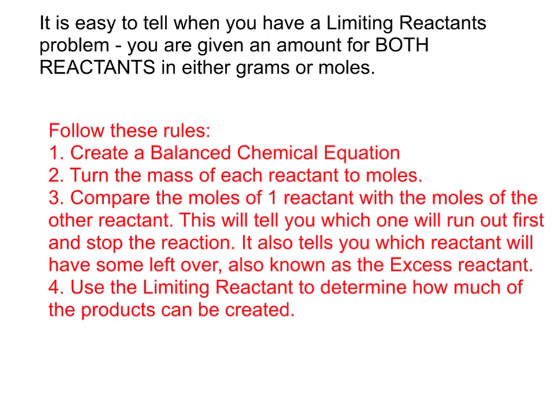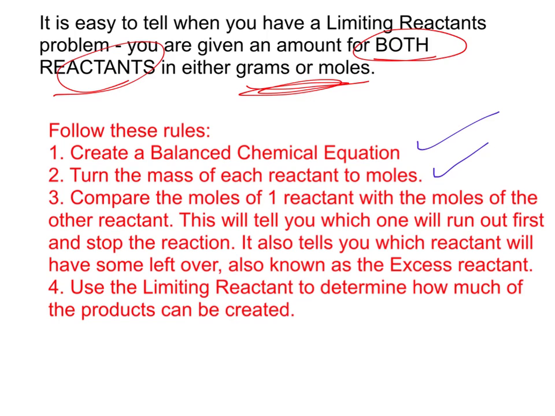You can always tell when you have a limiting reactant problem, because, as I said before, you're going to get both reactants right off the bat, given in either grams or moles. The rules we talked about are very simple. Number one, create a balanced chemical equation. Number two, turn the mass of each reactant you're given into moles. Those are the same things you do on any problem.